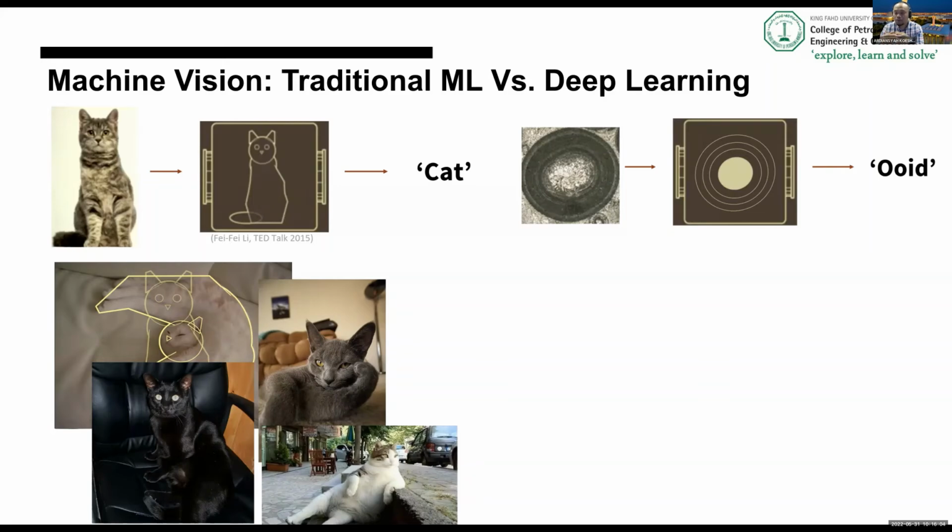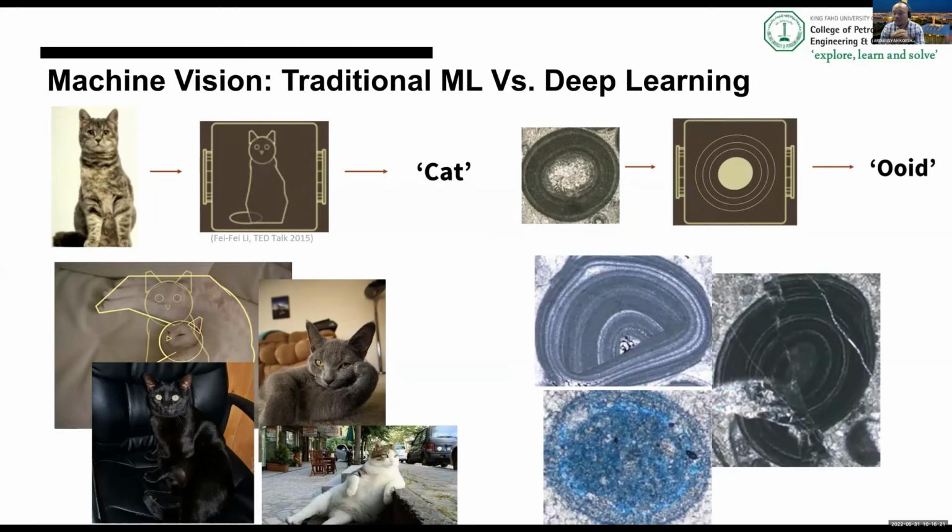It's not efficient anymore because you need to keep introducing more and more sets of rules. While our main goal is actually to develop algorithms that are able to recognize cats as a whole group, right? So you don't need to keep adding more and more features. And the same with ooids, right? Ooids can appear in many different shapes or forms.